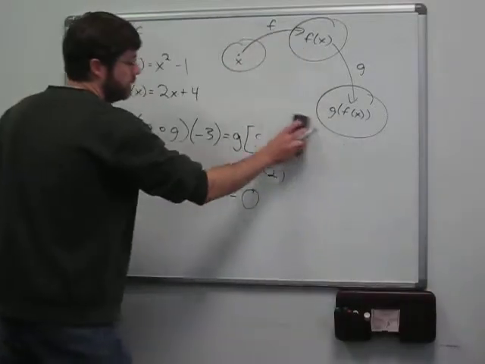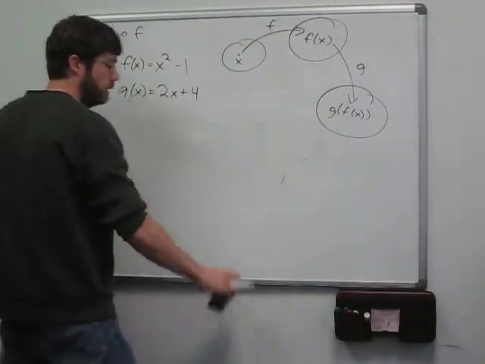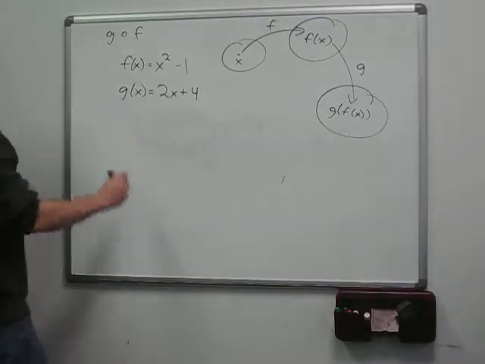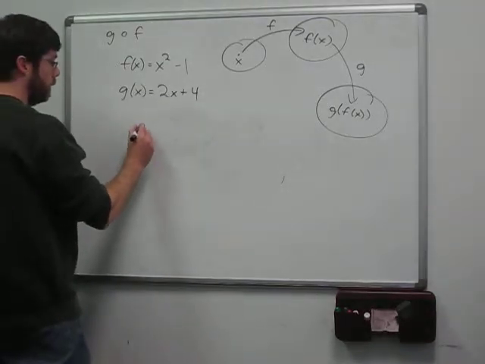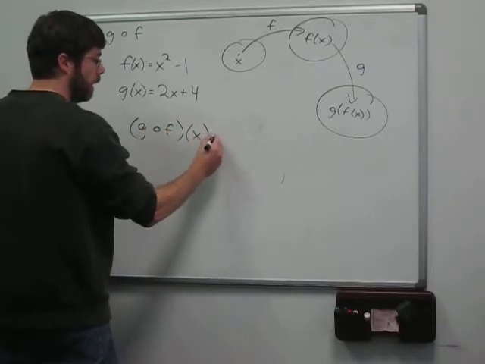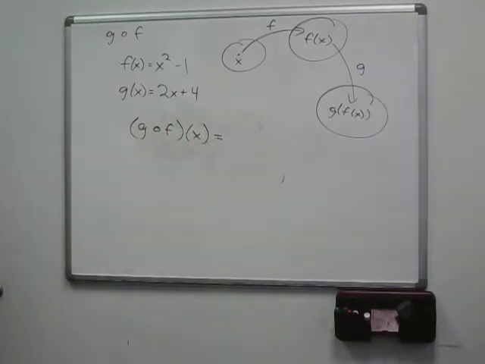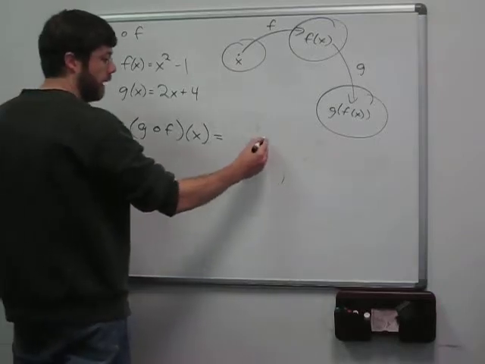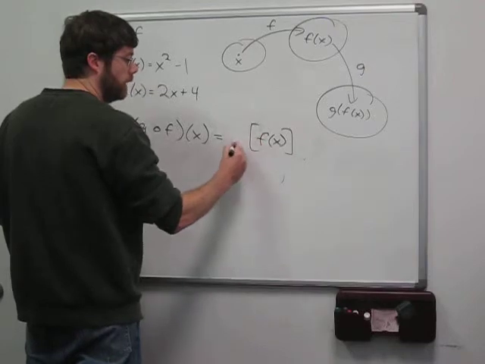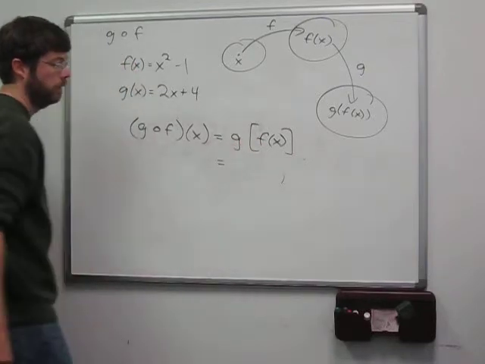Let's finish off this video by computing one formula in general. So let's just look at g of f of x. Okay, so we're going to apply f to x and take g of the result.